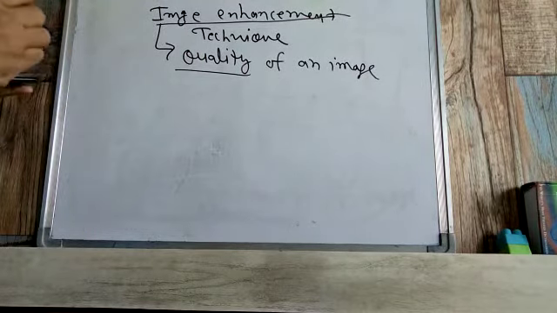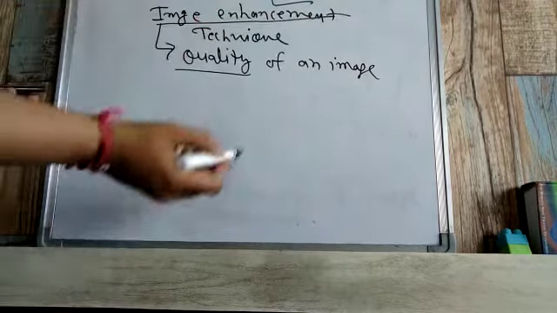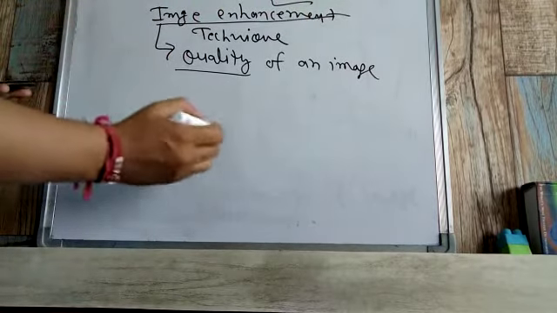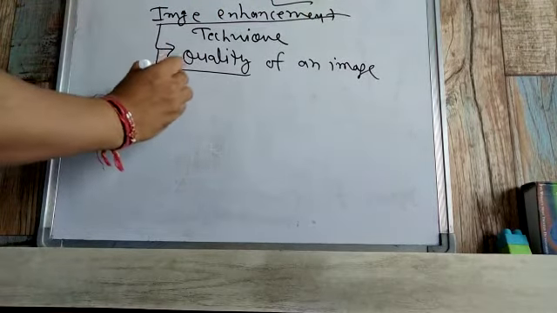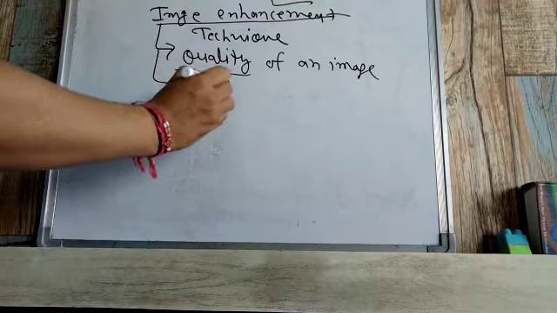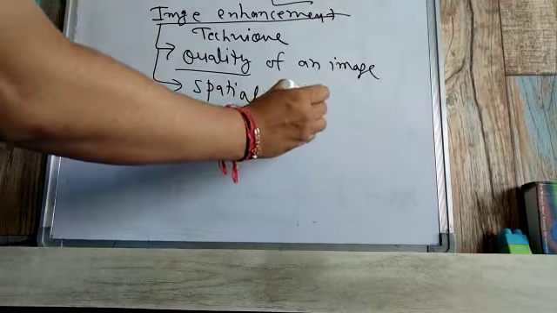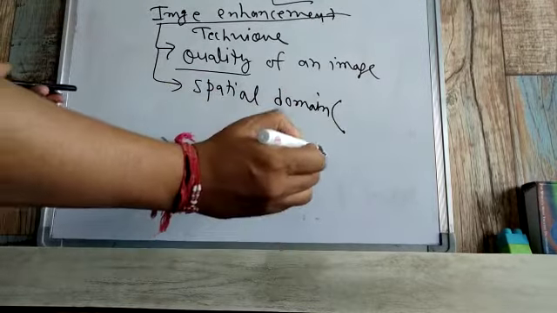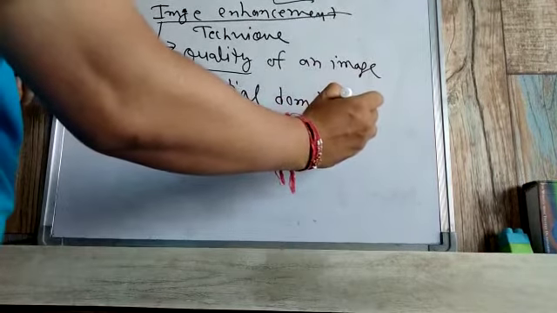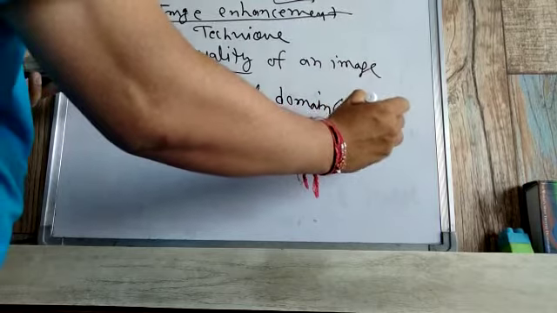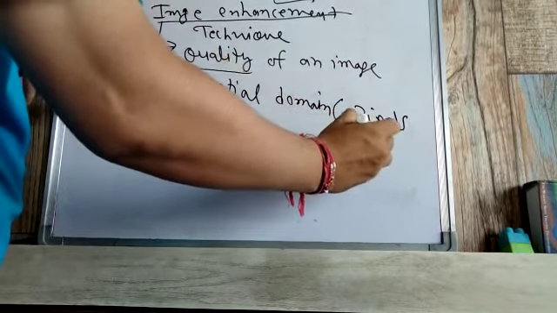Now whenever you are trying to enhance an image, normally we process an image in two domains. The first domain is known as the spatial domain, that is, we process with pixel values of an image.